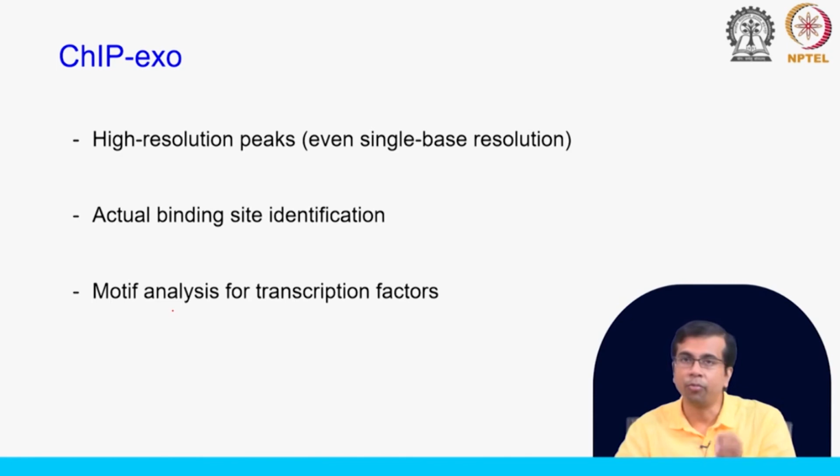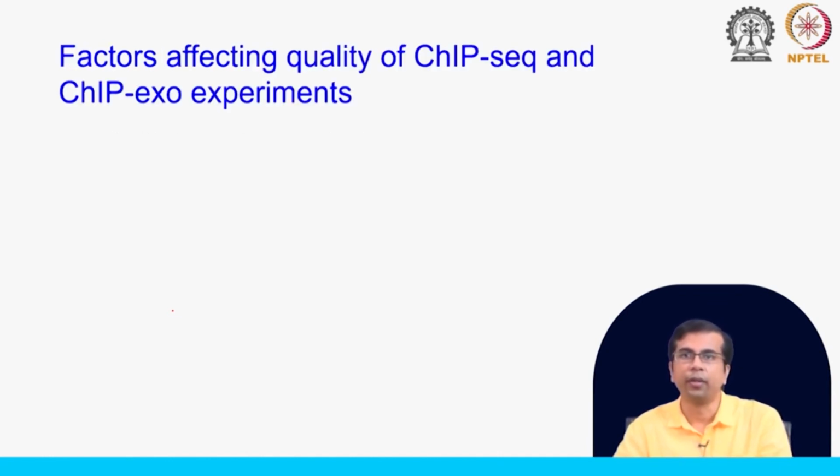We can then do the motif analysis for transcription factors. As I mentioned, we can identify the specific set of bases that transcription factors recognize, and then we can also look for putative binding sites of those transcription factors across the genome. Now, there are several factors that affect the quality of ChIP-seq and ChIP-exo experiments. As you can see, these are quite complex experiments.